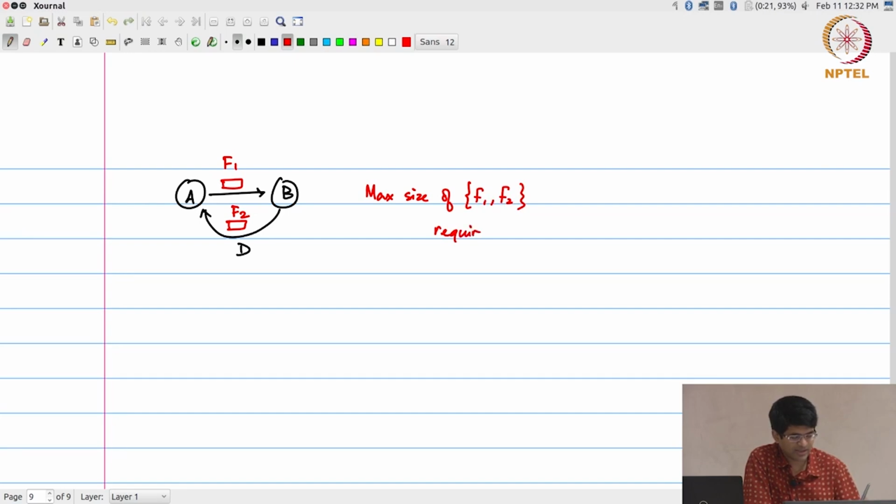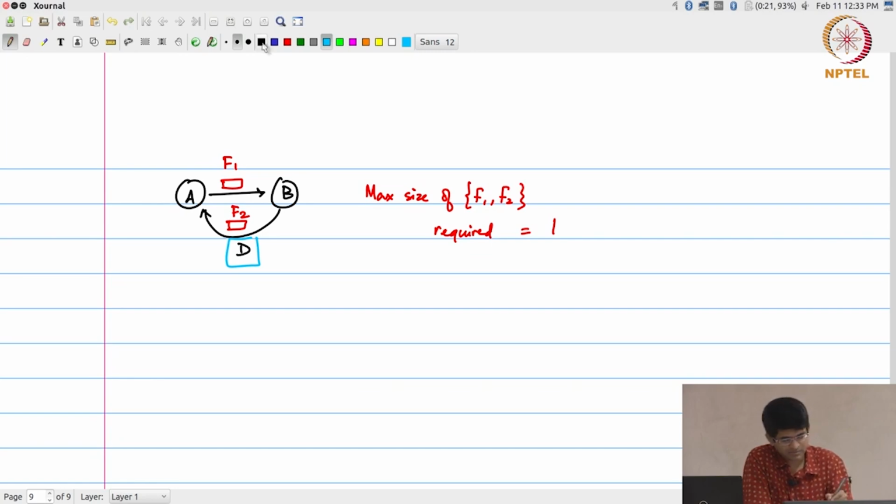What is the maximum required size? How much is it? 1 token storage, right? Because there is only one D element over here, one initial token. So at any given point in time, I can either have one element on the FIFO between A to B or from B to A, not more than that. So either one of those FIFOs, just one is sufficient, okay?